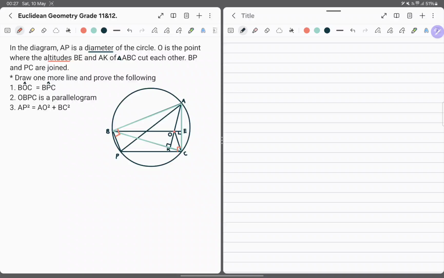Great. Now we're told to draw one more line and prove the following. Now the question is, where will you draw this line? This is a very interesting question, I tell you. So where do we draw this line? Now we can see from this statement that O is the point of intersection of the altitudes.